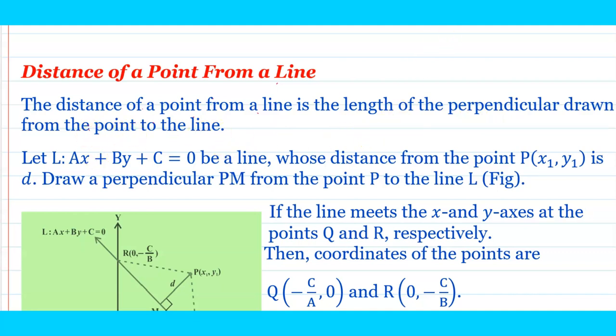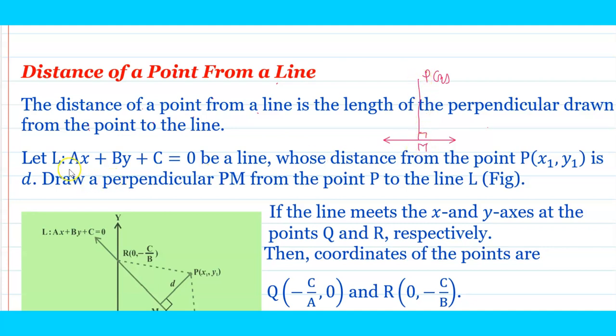If we take any line, and a point P, and I want to find the distance of this point from the line, then that is nothing but the perpendicular distance. This PM is the perpendicular distance, which is the distance of the point from the line.